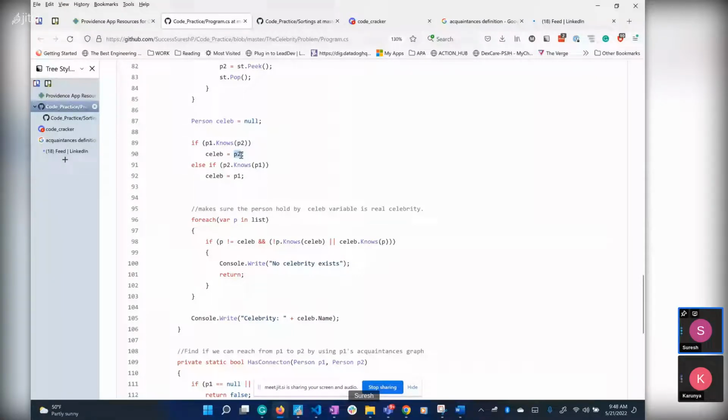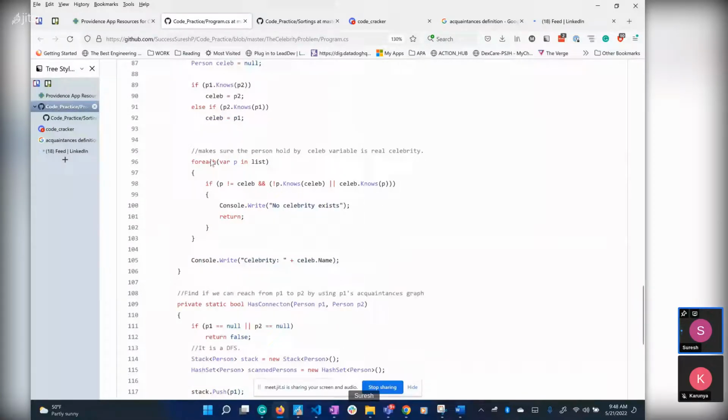That is how we make sure the person held by the celeb variable is a real celebrity. Since we are comparing only two variables at the end, we need to make sure the one we are guessing as celebrity is known by everybody. That is what we do here.